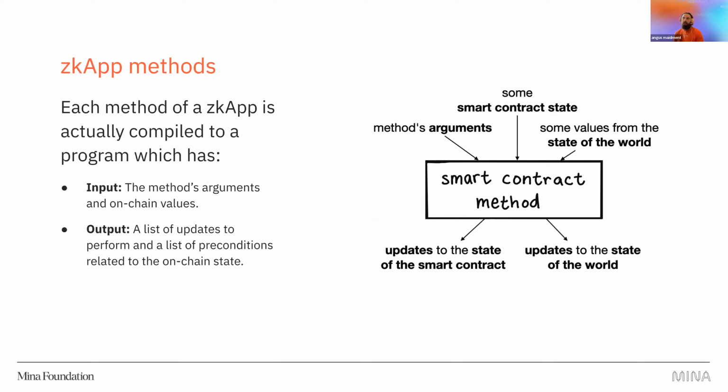And so the structure, when you want to build ZK apps, you have to think in terms of methods. A method of a ZK app is something which creates a proof, and you can have multiple different methods in a ZK app. You can think about them a bit like functions in other blockchain programming paradigms.